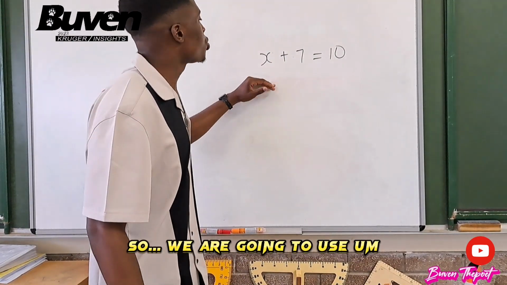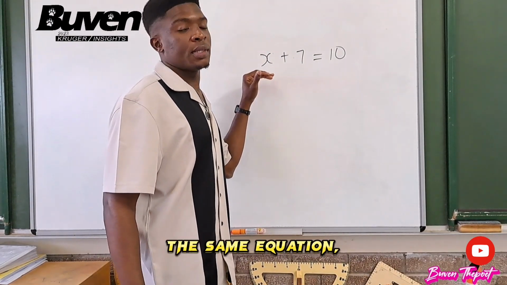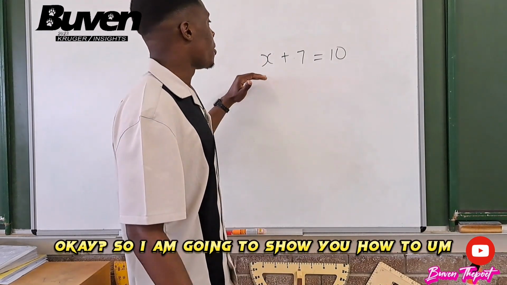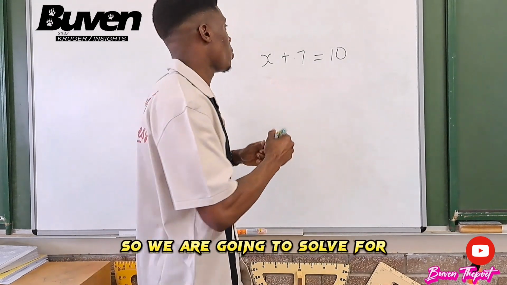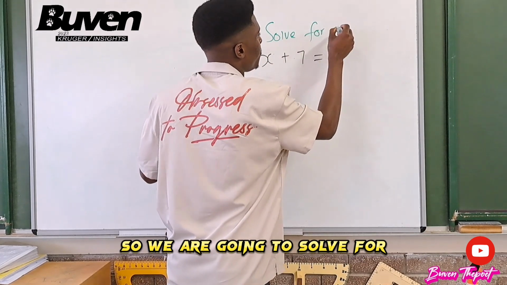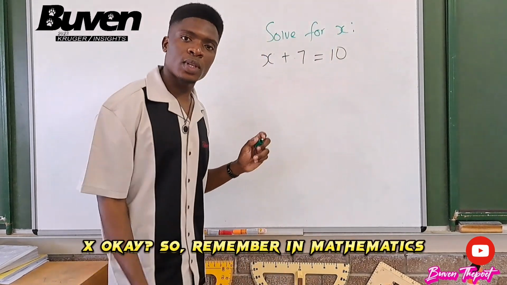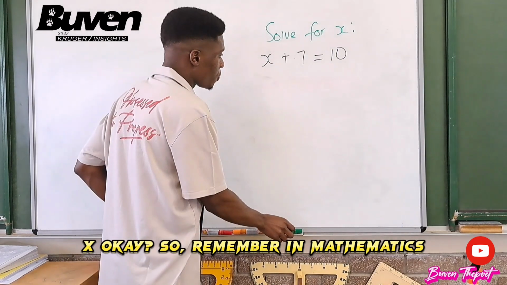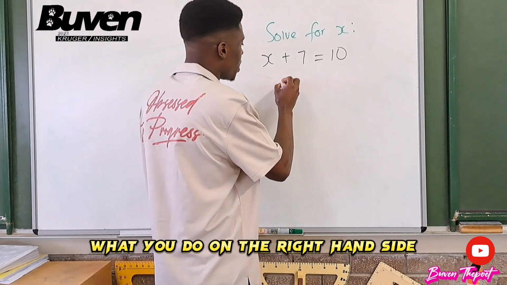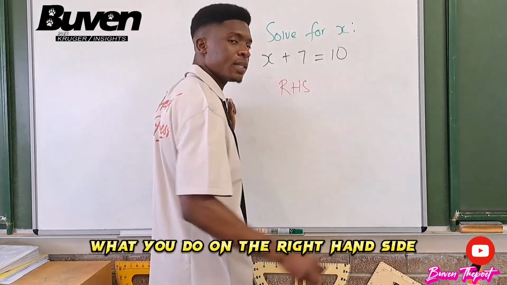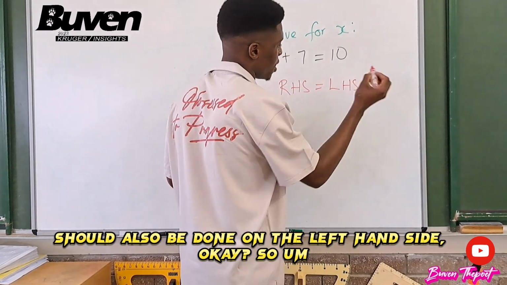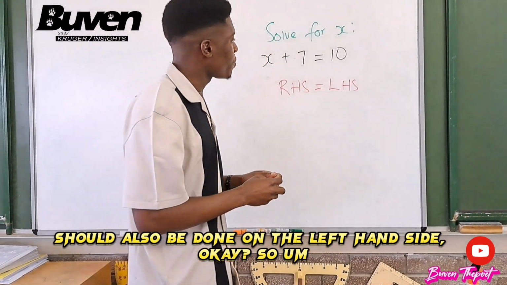So we are going to use the same equation. I am going to show you how to solve for x here. Remember, in mathematics, what you do on the right hand side should also be done on the left hand side.